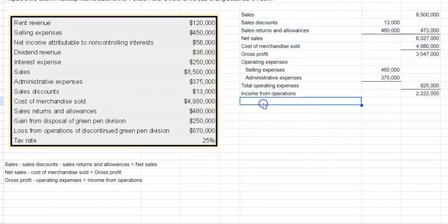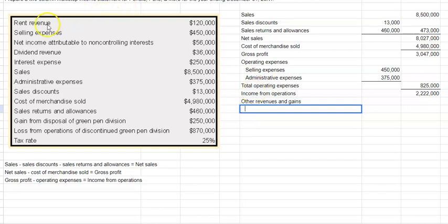But our next section, our non-operating section, please be sure that you're taking a close look at what goes into that non-operating section, because sometimes it won't be as clear as it is here. So our textbook likes to separate our non-operating section into two main sections, other revenues and gains, and then another one that is our other expenses and losses.